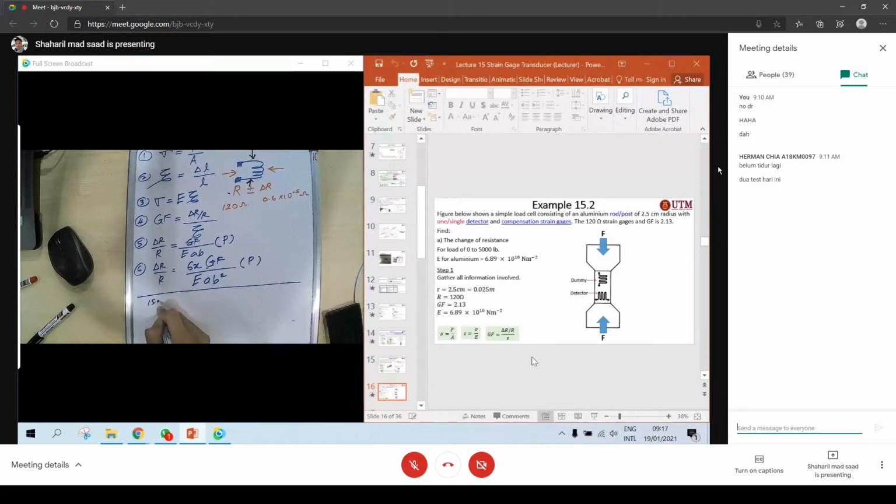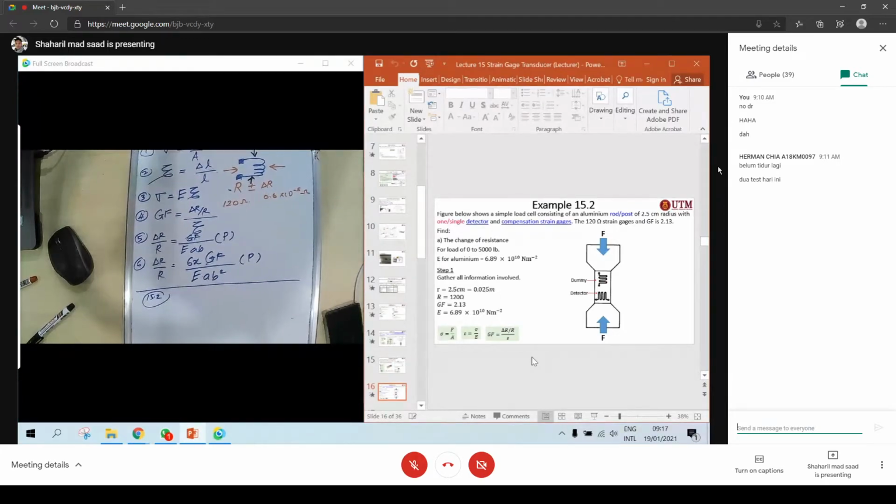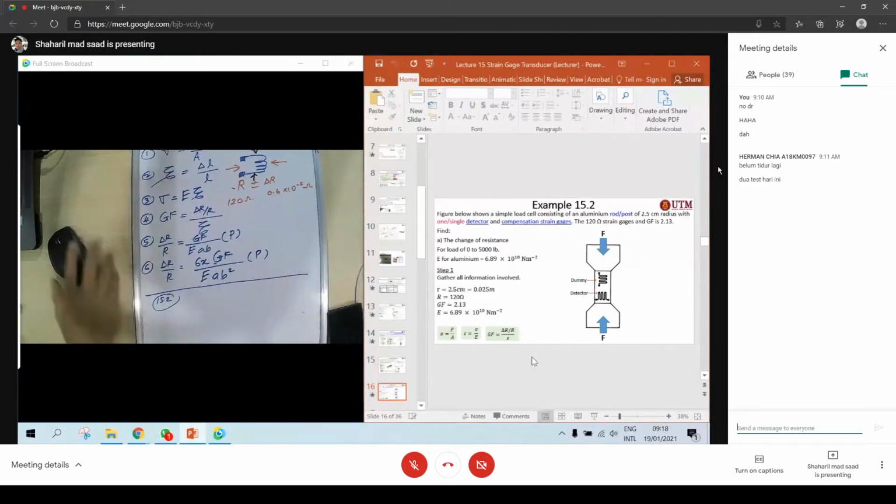Example 15.2. The figure below shows a simple load cell, formula number 5, consisting of an aluminum rod of 2.5 cm radius with one single detector and compensation strain gauge. Ignore the words detector and compensation strain gauge first.